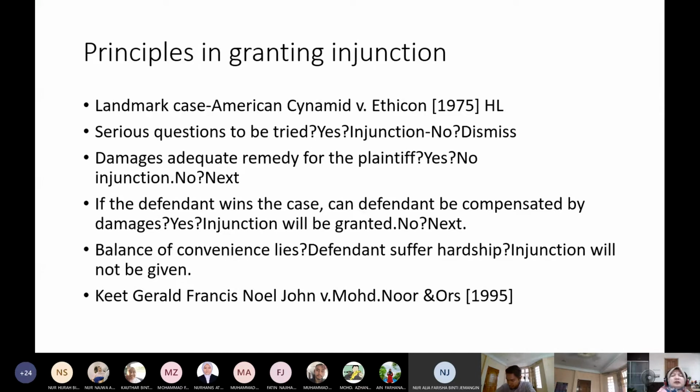Do a, what is it called, Shami? When you do a review of a case, what? Case review. Yes. You do a case review on your own on this case. American Cyanamid and Ethicon, 1975, is a House of Lords case.